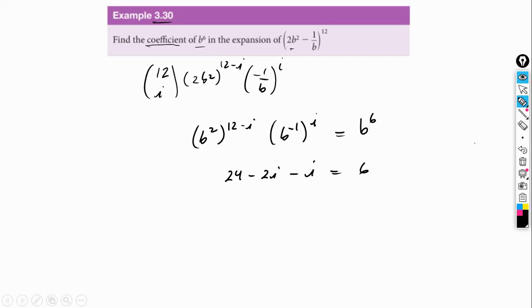And in this case, we're going to get 24 minus 3i is equal to 6. So minus 3i is going to equal negative 18. So notice that we're going to get that i is 6, just like the last case. So i is 6.